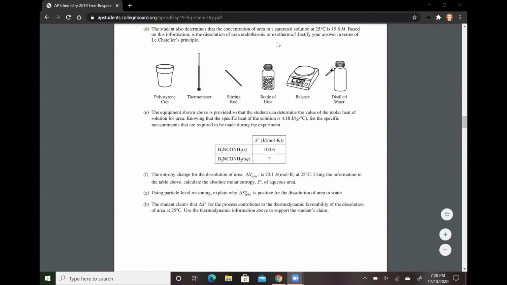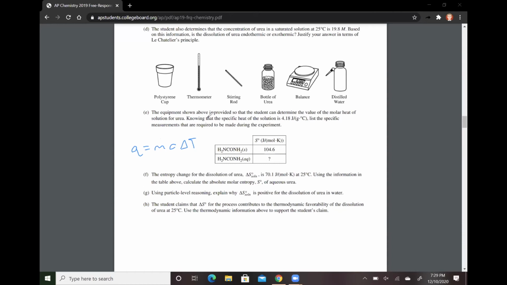And so if you remember calorimetry, you've got your equation. Q, the heat, is equal to m, c, the specific heat, times delta T, the change in temperature of the system, right? Based on that, you're going to need both masses, of the water and the urea, because one's going to gain the heat, one's going to lose heat, to make sure the laws of thermodynamics are obeyed.